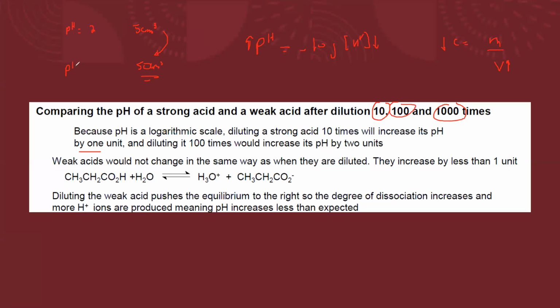So if the dilution factor is 10 times, what happens to the pH? The pH will increase by 1 unit, so the pH will turn into 3.